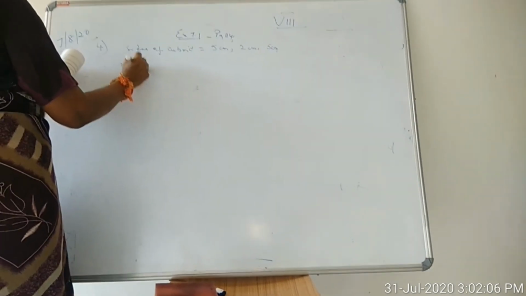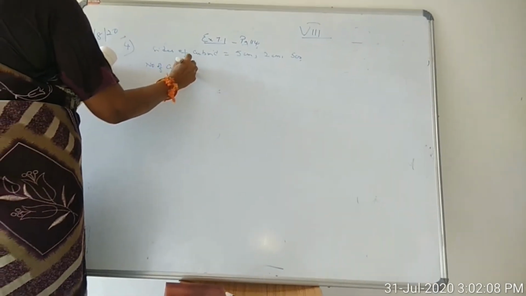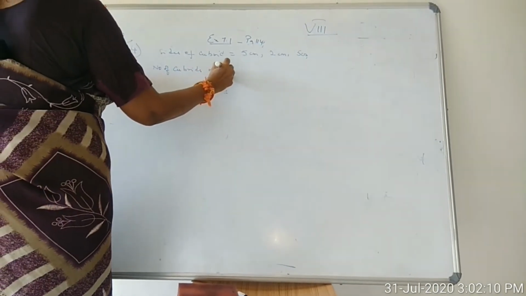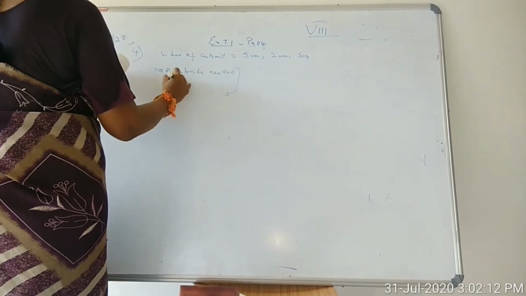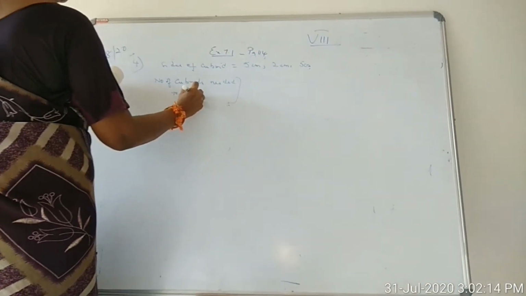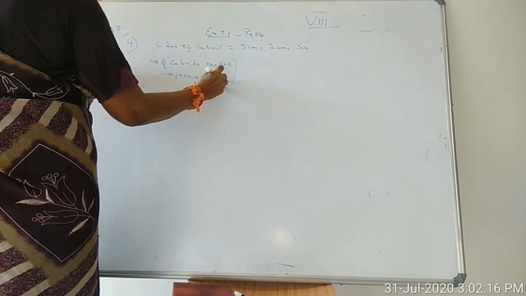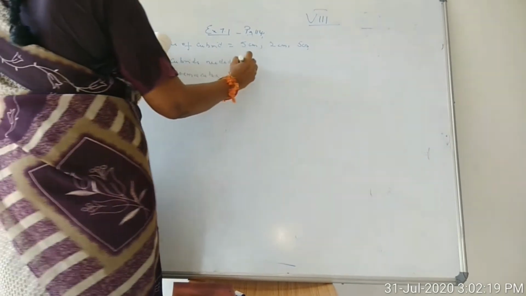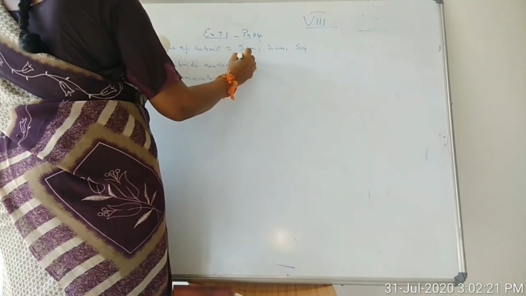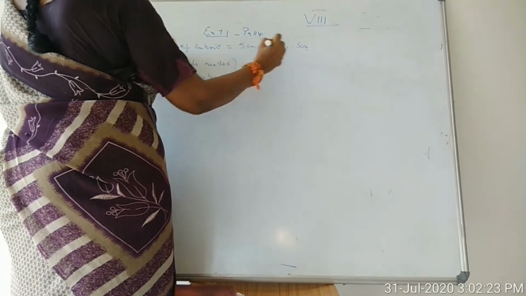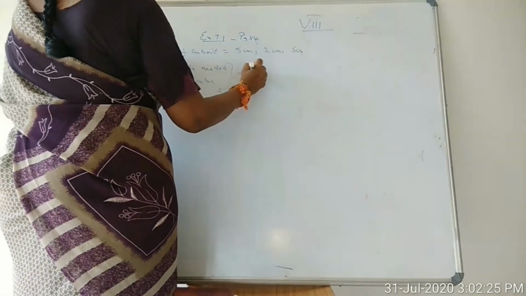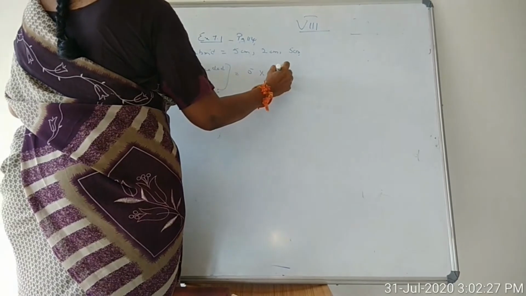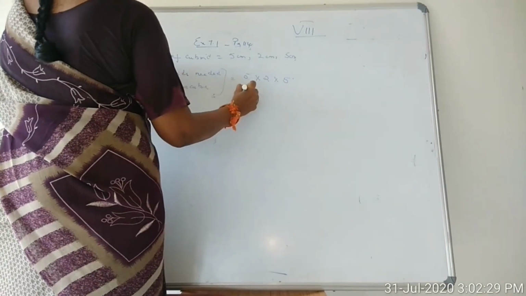Number of cuboids needed to form a cube. You know the formula for a cuboid: length into breadth into height. 5 into 2 into 5.